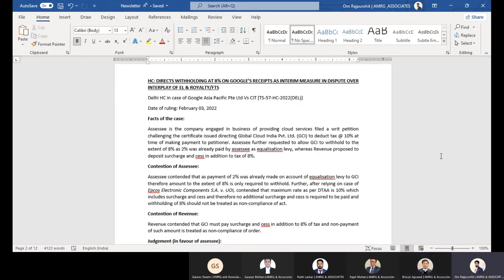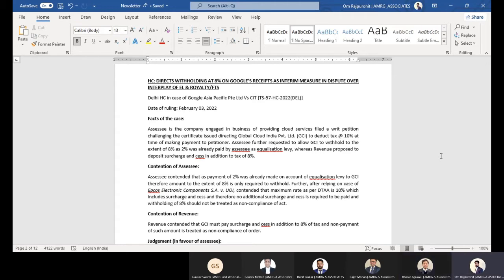Google India SSC was engaged in the business of providing cloud services, and so it was basically liable for equalization levy. There are two types of equalization levy. The first was introduced in 2016, pertaining to advertisement, and the second was introduced in 2020, which is mainly related to e-commerce businesses like online e-commerce operators and also cloud services.